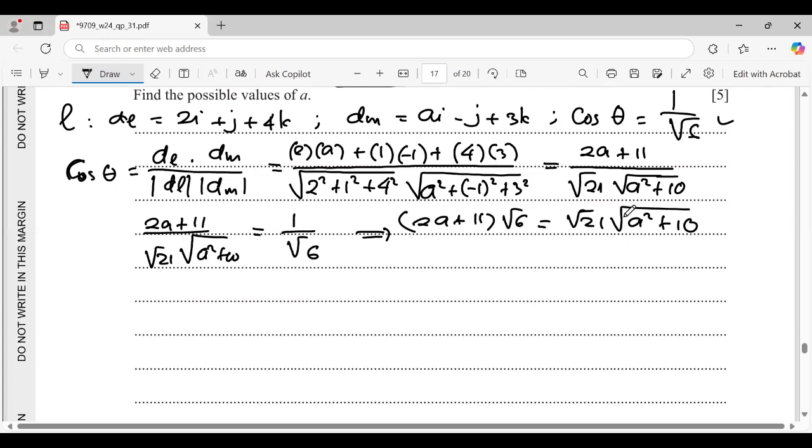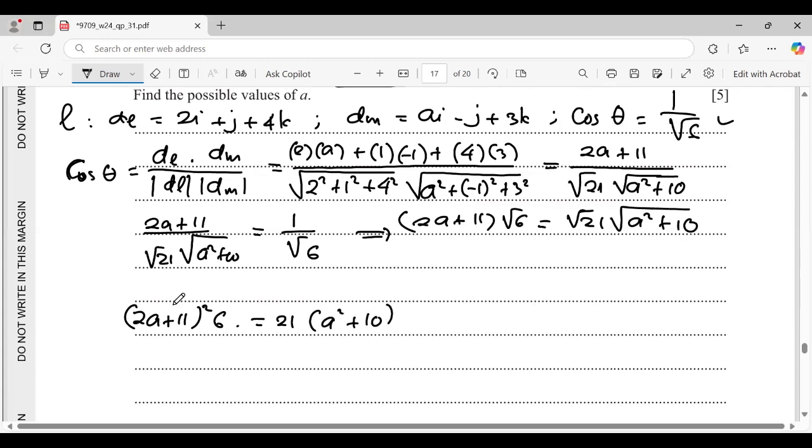And after that, square both sides. So it's going to be (2a plus 11) squared times 6 equals 21 times (a squared plus 10).